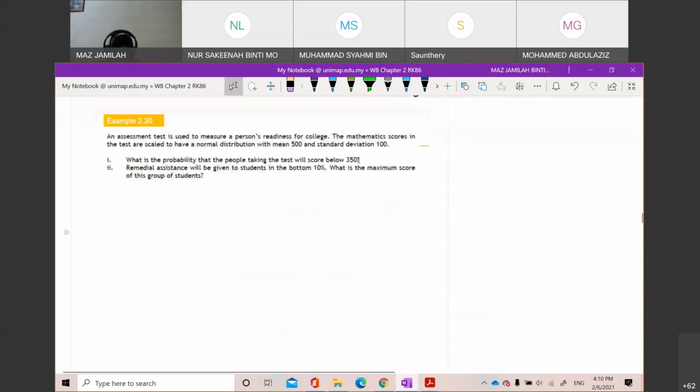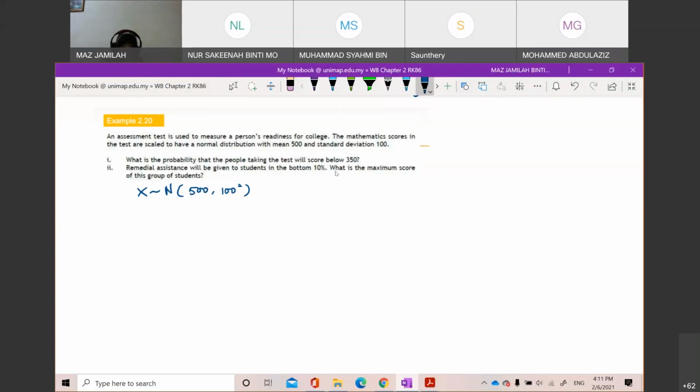If we simplify, X is the mathematics score and X is normally distributed with mean 500 and standard deviation 100, so the variance is 100 squared. This is the distribution of your X.